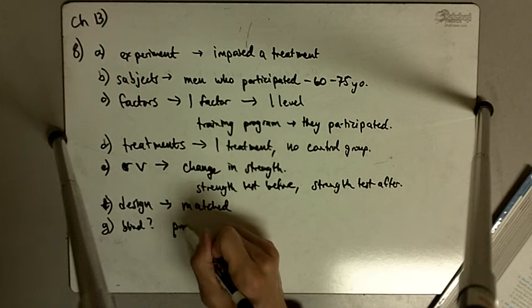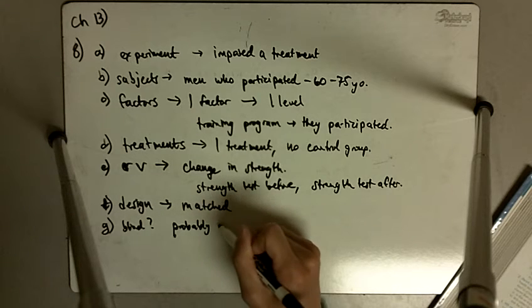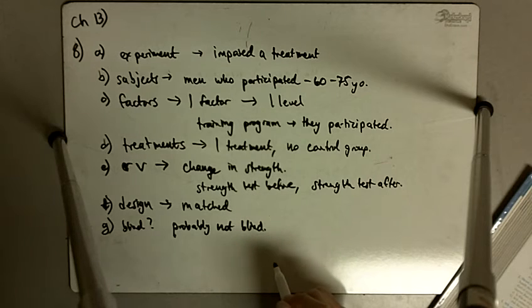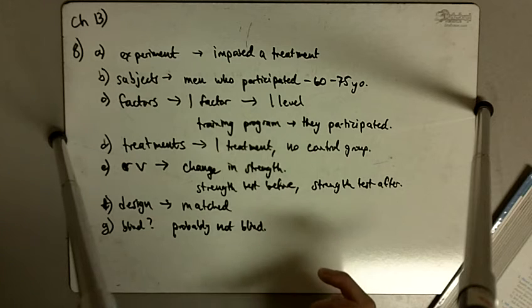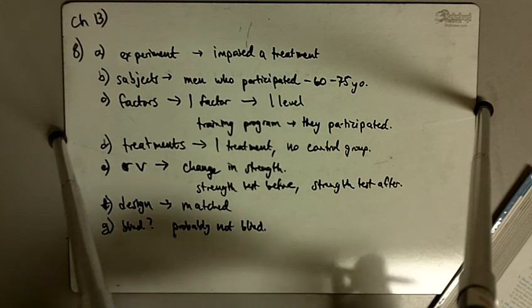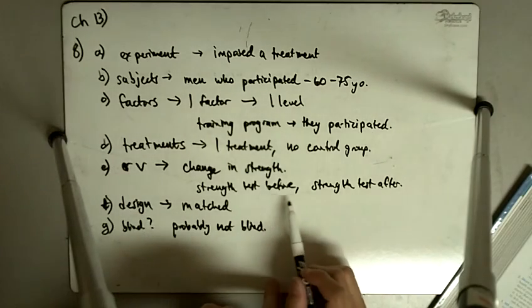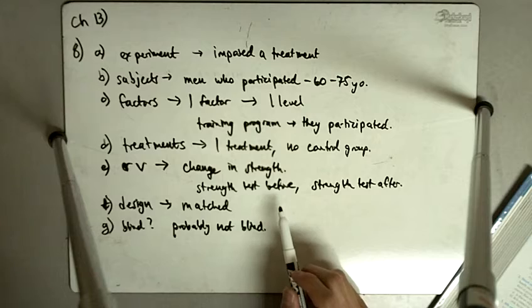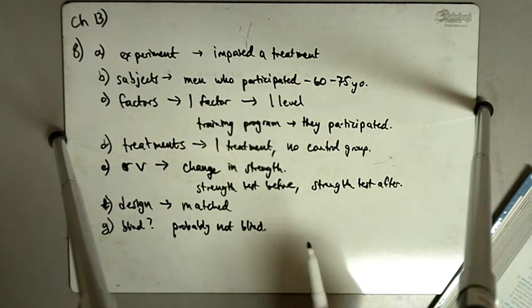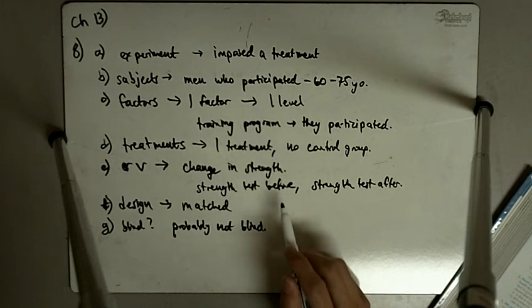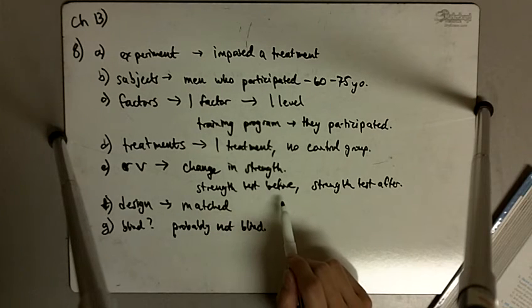Okay, was it blind or double blind? Probably not blind, okay? Because I think most of these guys would have known if they're participating in the strength program or not. It's possible to have blinded people who make the evaluations, so the people measuring the strength might not have known if they're measuring the strength before someone participated in the program or after.